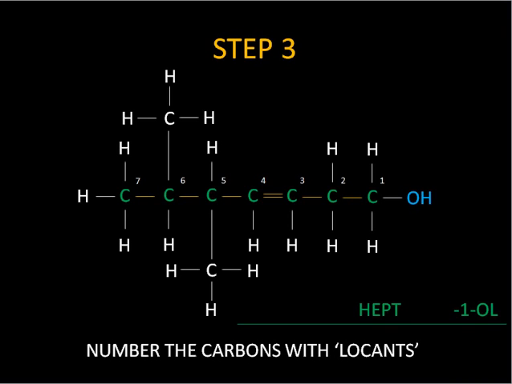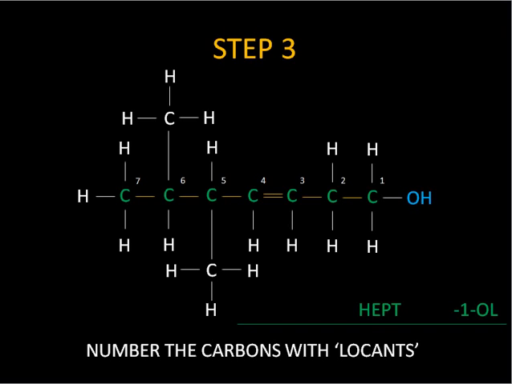Simply because we're trying to choose the numbering which gives the functional group the lowest numbered carbon to attach to. So now, instead of being attached to carbon 7, it's attached to carbon 1. We're trying to give it the lowest number, remember. So now we have hept, and we have 1-ol. 1-ol because the OH group is attached to the first carbon. If it was attached to the second carbon, it would be 2-ol, and so on.